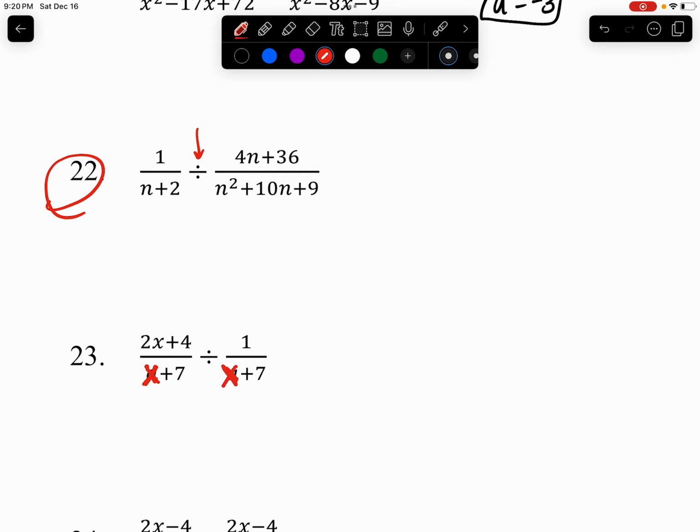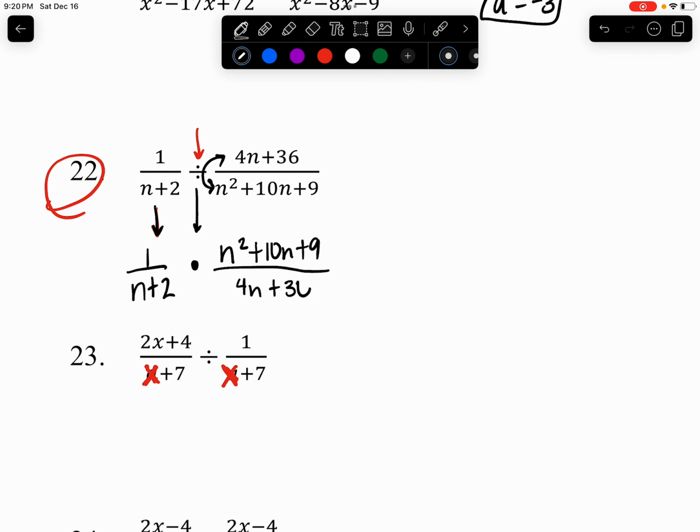In dividing rational expressions, you are going to keep the first fraction the same. So it's 1 over n plus 2. Change this into multiplication and then flip these two. So that's n squared plus 10n plus 9 over 4n plus 36.